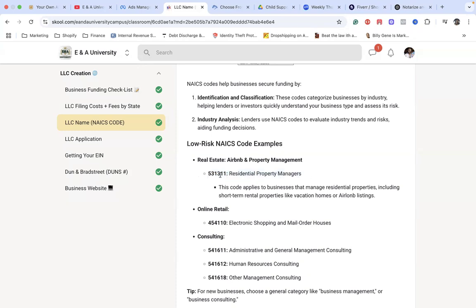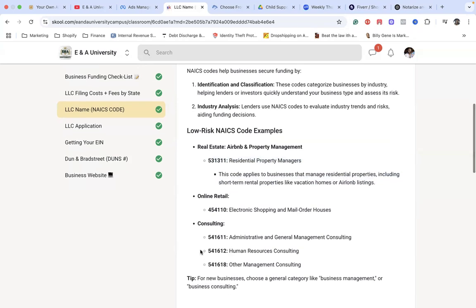Now, if I decided that property management wasn't working out, I can change my code to being a human resource consulting business and still be E&A LLC. Yep. So that's why picking the right name really saves you from two things. It saves you from losing out on high limit funding, and it prevents you from ending up on the high risk radar for these banks. Yep, exactly.